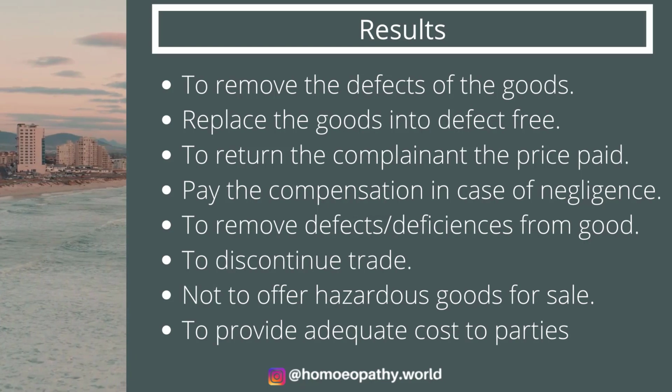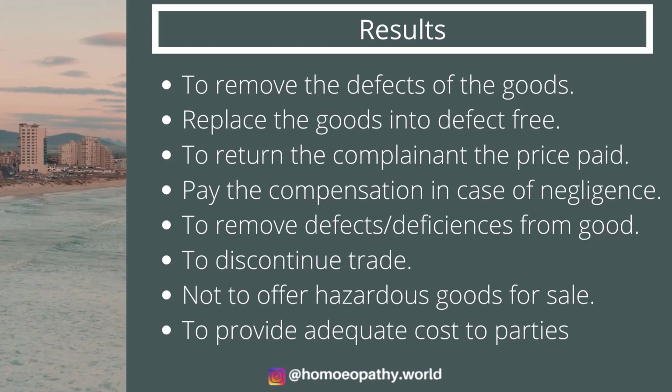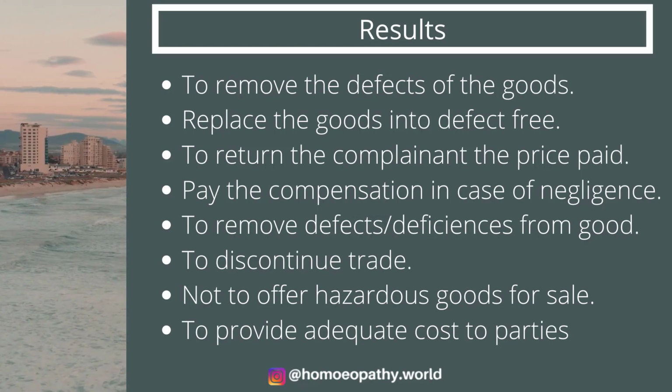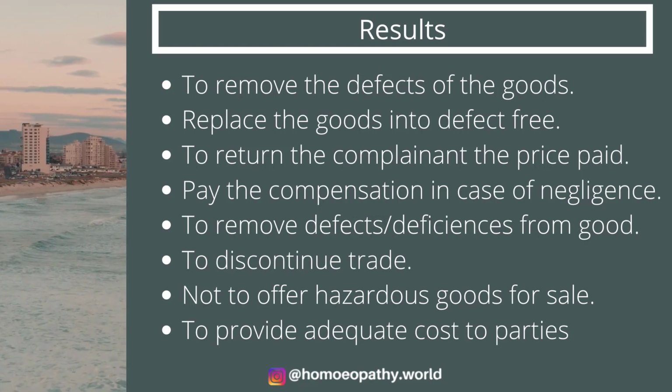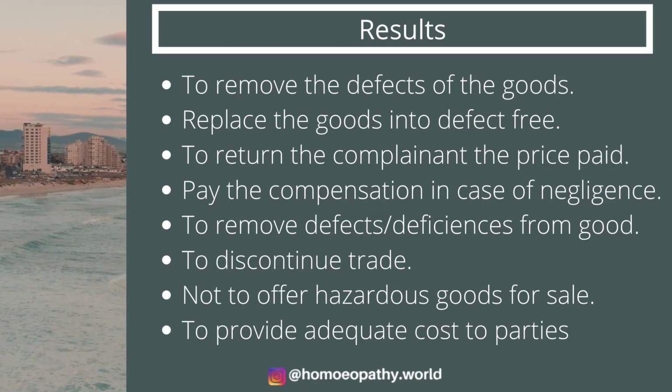So if some people have got food poisoning or some health issues have arisen because of using this particular product, the company has to look at all the cases involved and pay the adequate price to all the parties involved in the consumer dispute.